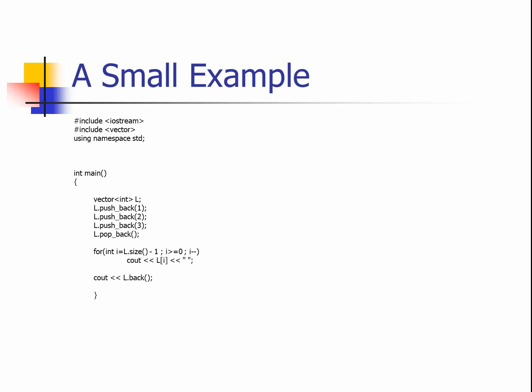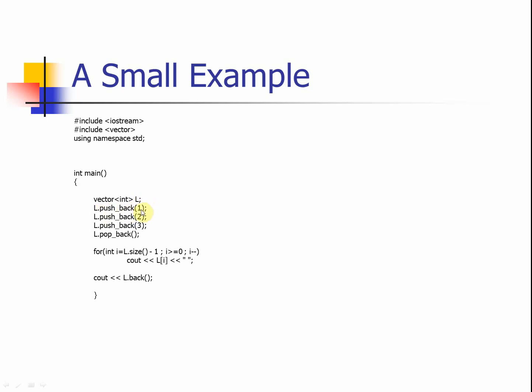Therefore, let's take a look at a very simple example that is fully runnable with a vector implementation. In the beginning, include iostream, include vector. Like I said, this is the most important thing to run a vector program. Then using namespace std, and you will be able to walk into your main function. Inside of the main function, as we see, we need to define a vector, so that we have a constructor over here.